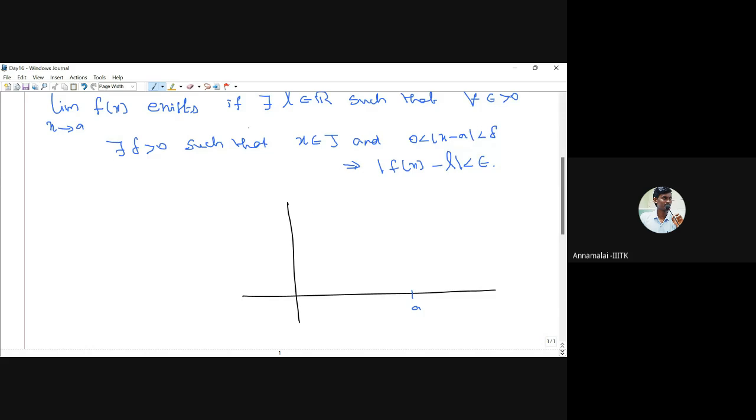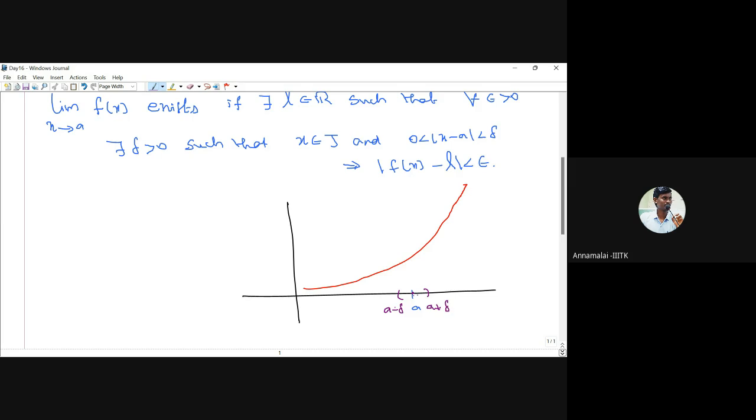Suppose our function is something like this, some function f(x). If you take the neighborhood of a, but we have to remove the point a, that is a deleted neighborhood, the interval from a minus delta to a plus delta.